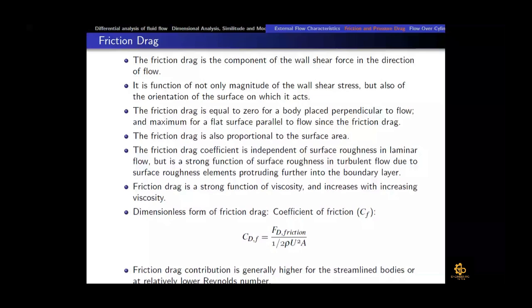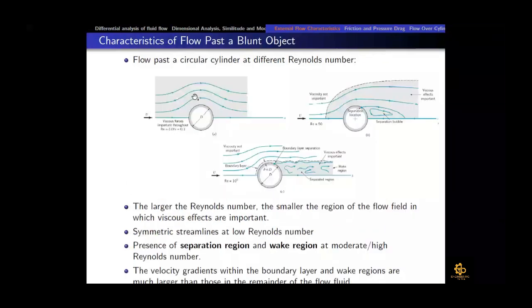The reason is that the flow would remain attached, as we discussed in the case of cylindrical bodies. The pressure difference between front and back is very small in this figure A. So that's why in figure A, the major component of drag would come from friction drag, right?